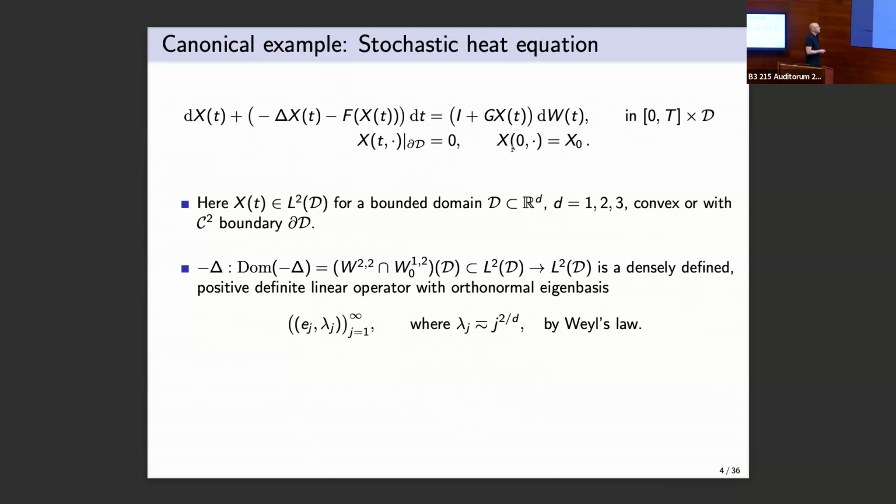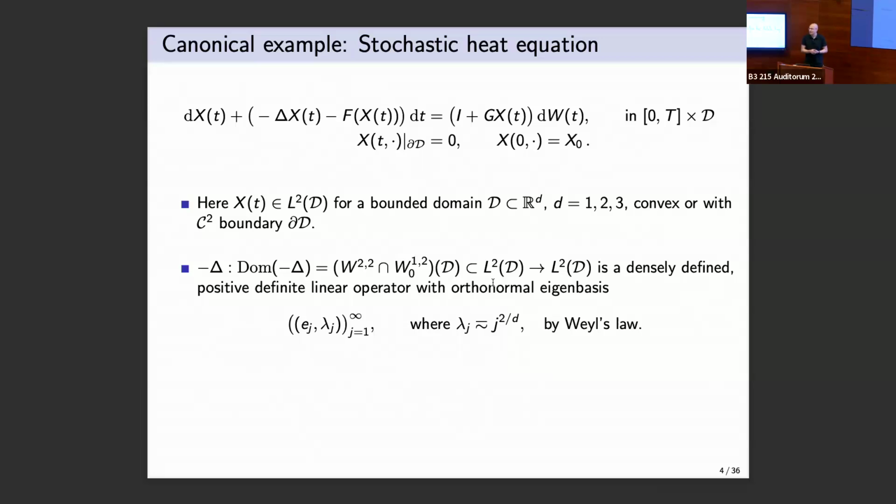Right. So a way to view this minus Laplace operator that is on top there is that it is a mapping from this Sobolev space here, which is dense in the space L2, which is our Hilbert space. And it's a positive definite linear operator, which we can spectrally decompose.